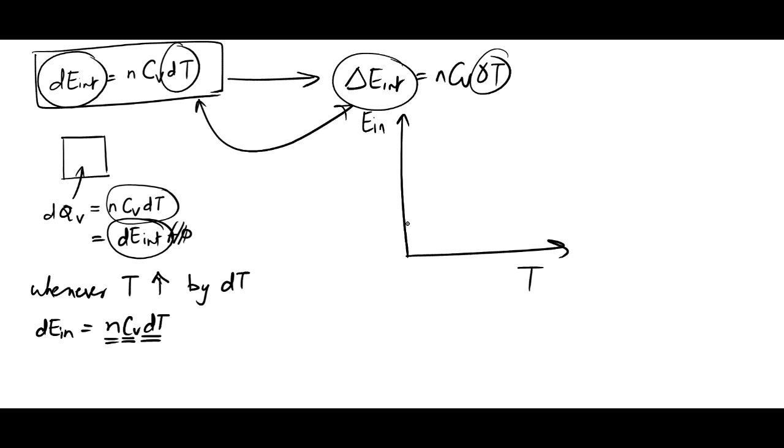In other words, you're going to have a straight line having slope equal to n Cv, positive of course, when I plot E internal as a function of the absolute temperature of a given mass of a gas.